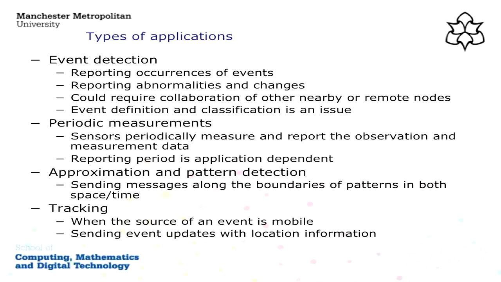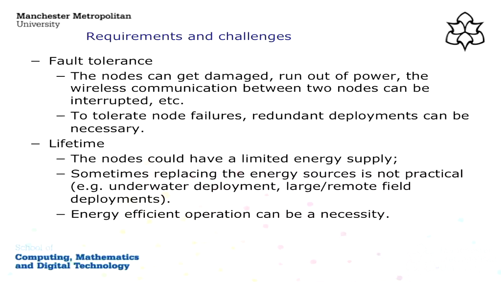And you might detect things like the edge of a fire, where something's going on, or the front of something, like a weather front moving along, or a tsunami going along, or a fire moving along. You can have boundary patterns, and then estimate where things are going to be. We'll get on to the whole business of tracking as well for that sort of thing.